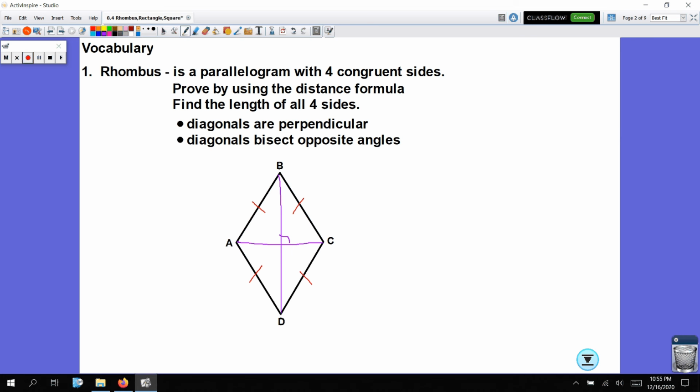So if I imagine angle B here, that purple line would be splitting it right in half, just like it would be splitting angle A. It would split angle C and split angle D. I can't say that they're congruent, okay? Don't want my picture to be misleading. So the facts are, in order to prove that it's a rhombus, you need to have all 4 sides of the same length. These are other extra facts.